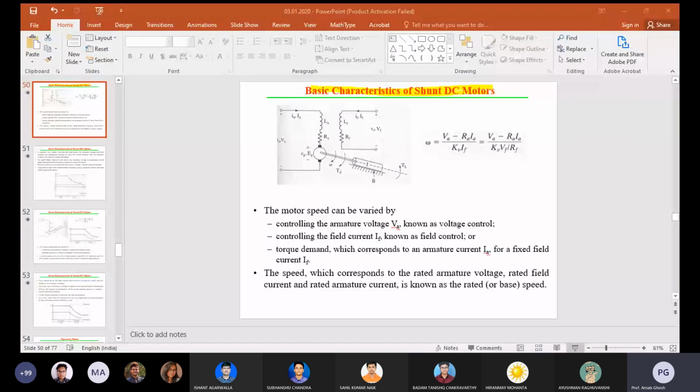Plugging is another type of braking, and the connection for plugging is shown in the figure. Here you can see the plugging diagram. The armature terminals are reversed while running. When you change the armature connection, you have to take care of the field, otherwise it may be damaged.